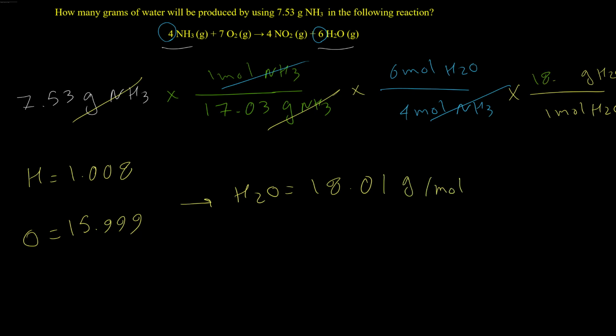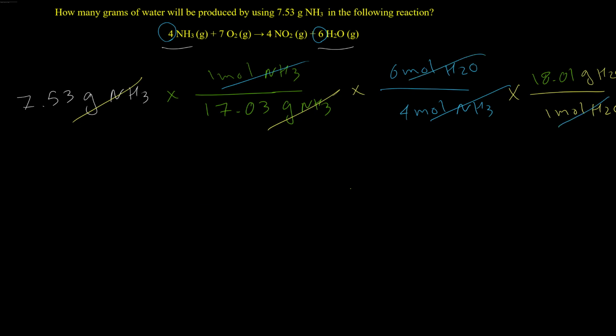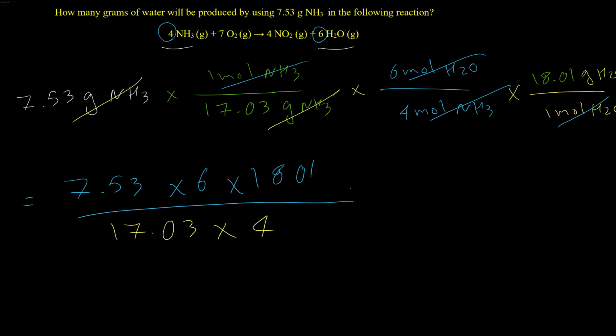So I put 18.01 here. Then mole of water, they cancel out, and the answer is equal to 7.53 times 6 times 18.01 divided by 17.03 and 4, which is equal to 11.9 gram of water.